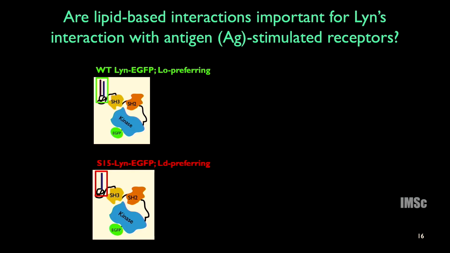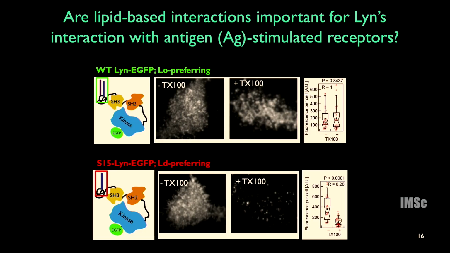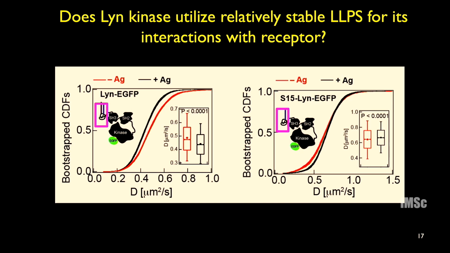We make it go from an order-preferring Lyn to a disorder-preferring Lyn. And there are tests to show that this becomes disorder preferring. You just add mild detergent to the system. If it is entirely soluble, we call it disorder preferring. If it is insoluble, we call it order preferring.